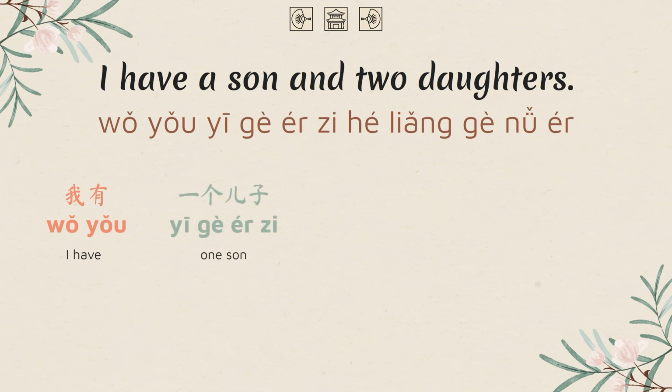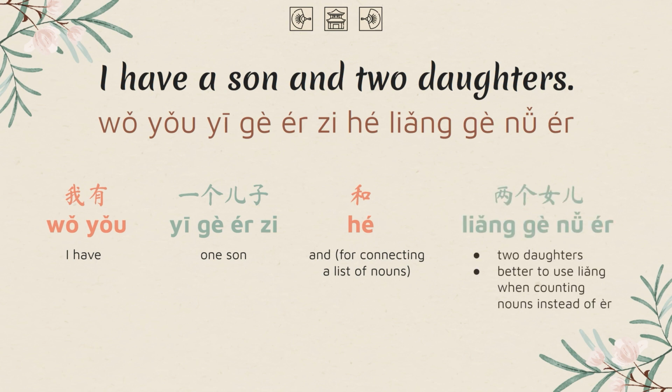Because we use measure words with every single noun, so 儿子 is no exception. So 一个儿子, 1 unit of son, 1 son. 和 means and. However, we only use 和 to connect a list of nouns. So in English, you can use and to connect sentences, but in Chinese, we don't do that. We don't use 和 for anything other than nouns.